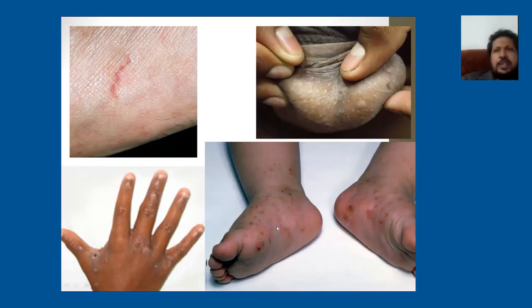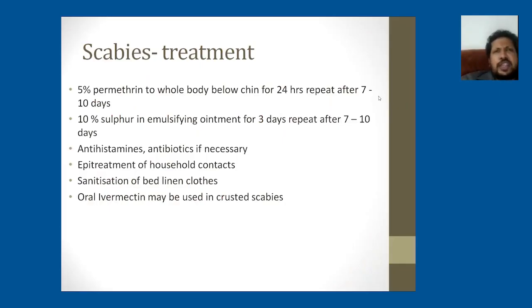And you can have tiny blisters as well. You can get scabetic nodules on the scrotum, which are intensely itchy, a hypersensitive response to the scabetic antigen. And of course, scabies can be complicated with post-streptococcal glomerulonephritis in children. So it's very important to treat it and eradicate it properly.